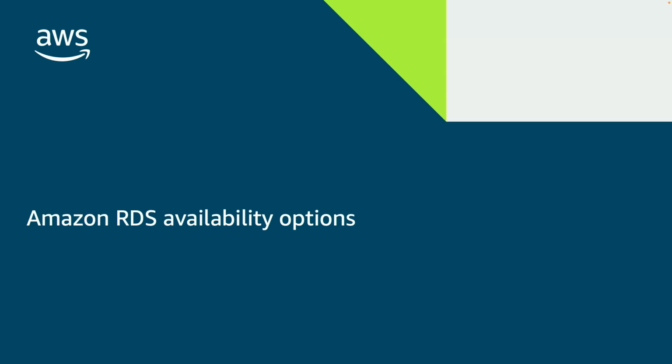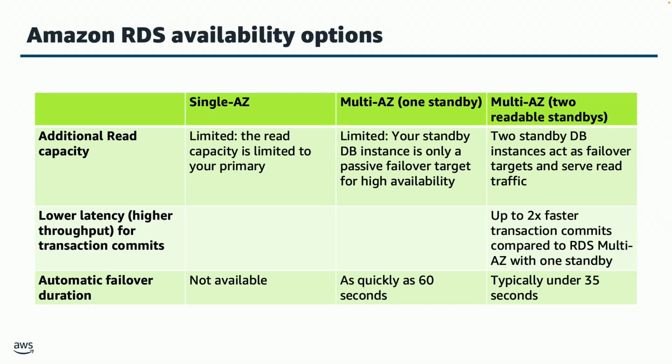And then I want to quickly touch base on what we talked about, and what some of the differences are with respect to single AZ, multi-AZ with 1 standby, and multi-AZ with 2 readable standbys. From the additional read capacity point of view, if you're on a single AZ, all you have is that single AZ instance, or you need to add additional read replicas.